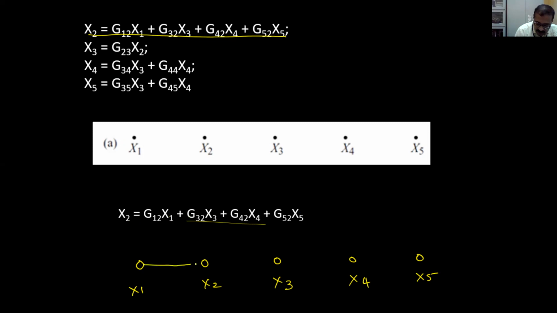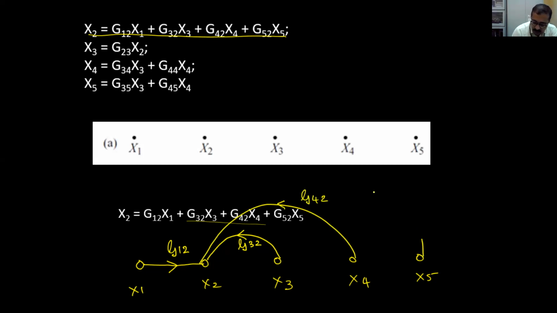There must be a signal with a gain of G12 from X1. Plus from X3 at a gain of G32, from X4 at a gain of G42, and finally from X5 at a gain of G52.